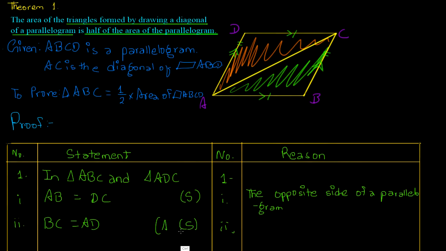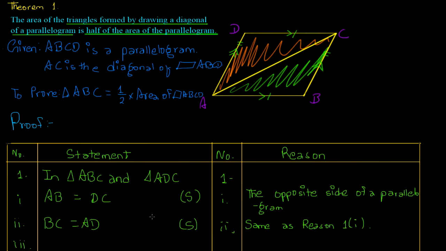And in reason 2, the good thing in this table is that we can write same as reason 1, so that we don't need to write repeatedly the opposite side of a parallelogram, and so on.